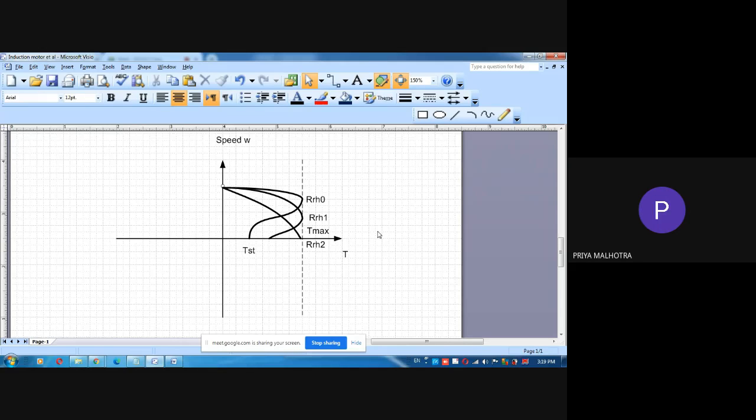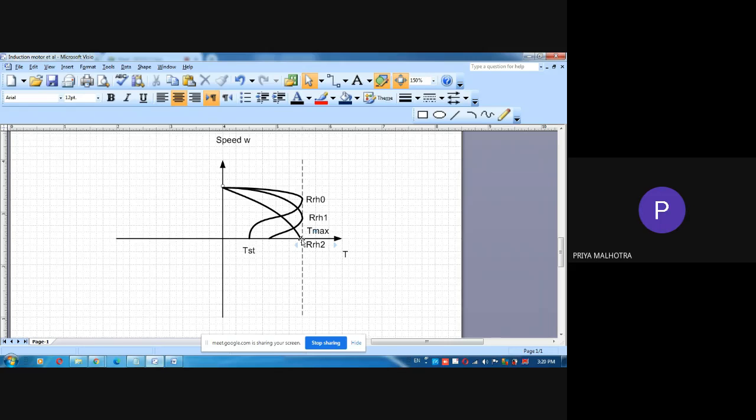But we actually require maximum torque at the starting, when we start the motor, because due to inertia the starting torque requirement is high. Maximum starting torque you are getting in the third curve, not in the first curve. In the third, yes, where Tmax is written.